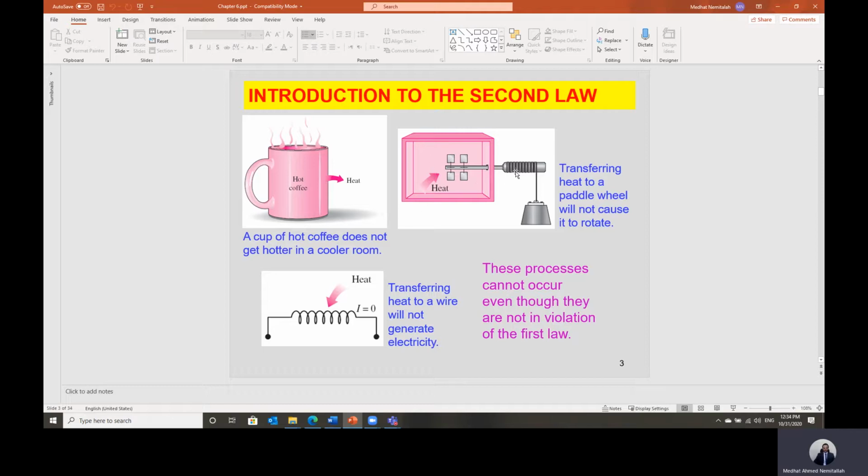At the end, this input work is converted to heat. But if we reverse the process, if we add heat to the air inside or to any fluid inside, this shaft cannot be rotated, because we cannot convert the heat into work unless we have a heat engine, like a gas turbine, steam turbine, or internal combustion engine, like the engine in your car.